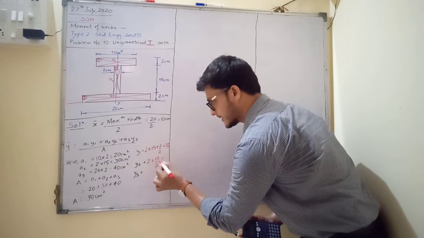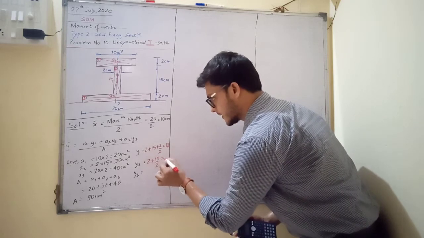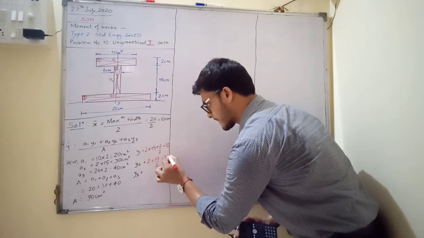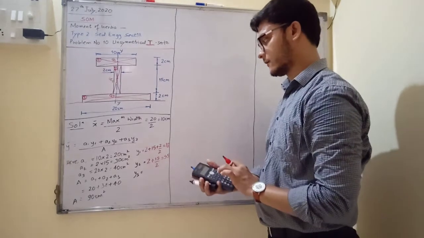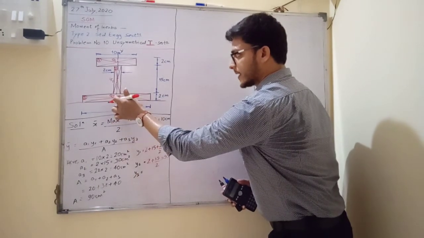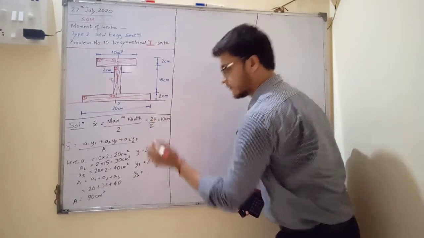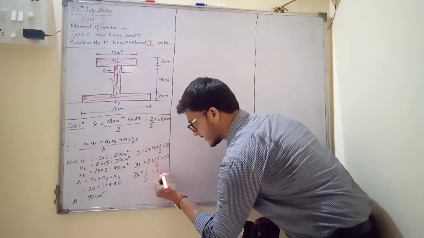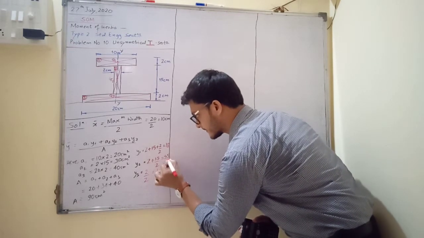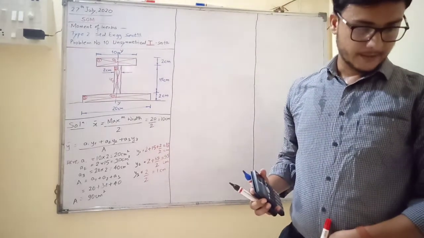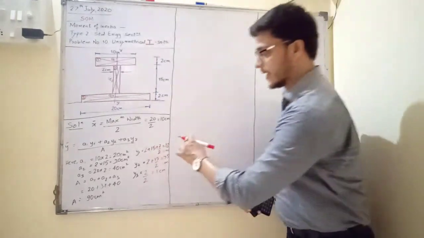Half of 15 is 7.5, plus 2, 9.5. You can calculate it also if you want, but it is simple. Y3 is from the bottom to the center, this G3, so half of 2, 2 by 2, that is 1 centimeter. All distances y1, y2, y3 are in centimeters. Okay, so I now have all the values.